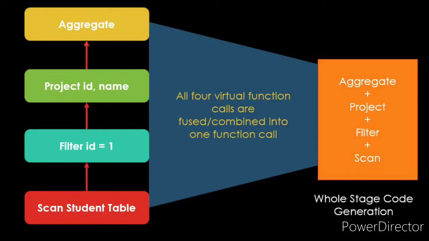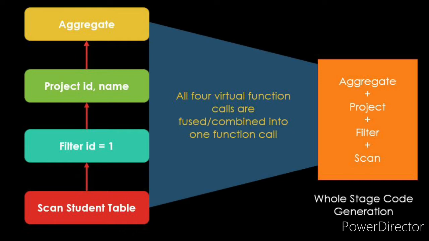And the last thing is code generation. Project Tungsten generates the code at compile time using the whole stage Java code generation process, and that combines multiple physical operators and translates them into a single Java function. So that is the main benefit of it.